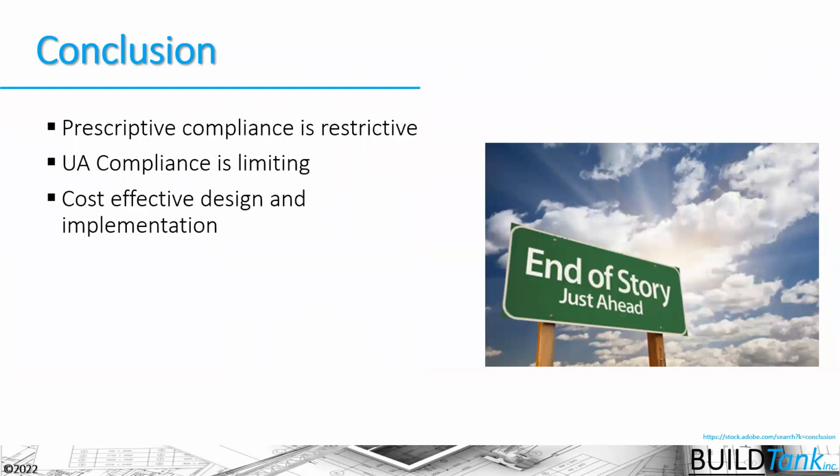So to conclude here, the prescriptive compliance path, again, is the most restrictive compliance path. Unless you're using the area weighted compliance option in that prescriptive section, you're not going to be able to trade off R values and U values.